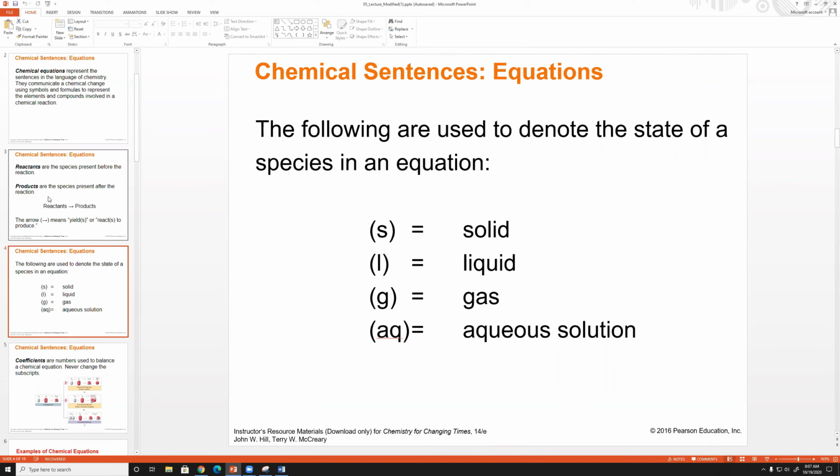It's there in some equations. In some equations, it's not. So don't be thrown off by that. S means solid, L means liquid, G means gas, and AQ means aqueous. We didn't really go into crazy detail about solutions yet, and we will in later chapters. But what aqueous means is that the compound or mixture is in a water-based medium.